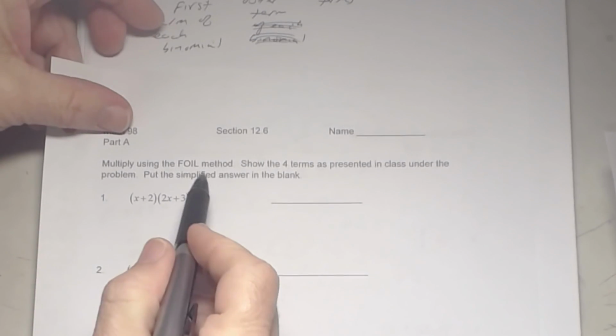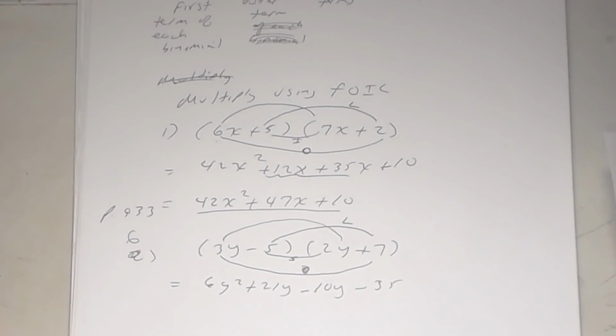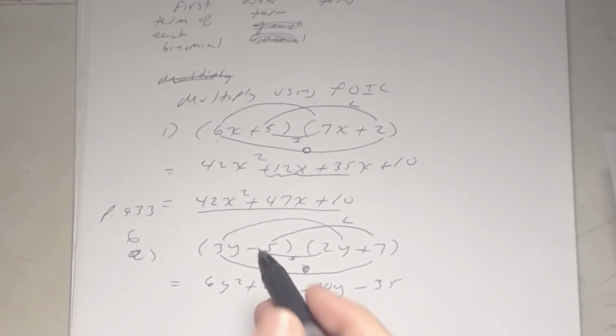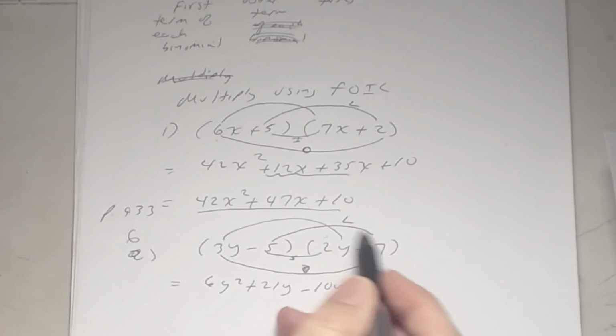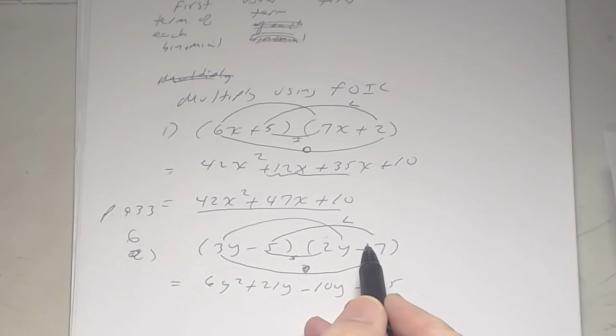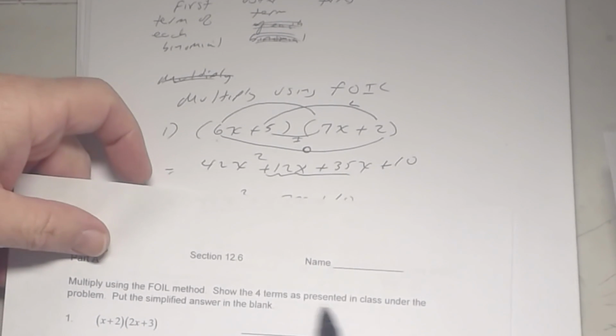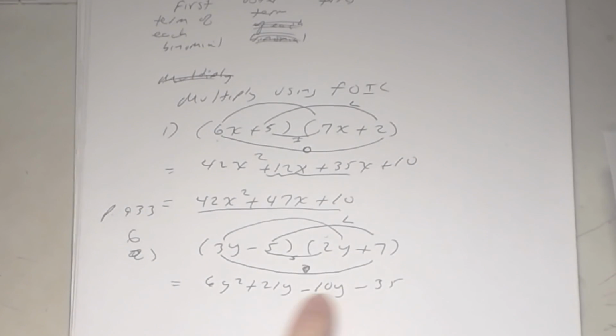Let's go back to that worksheet real quick. It says multiply using FOIL. Here's what I need you to show me. I need to see those little arcs. So first, outer, inner, last. Show that, so that indicates to me you used FOIL. Then it says show the 4 terms. These are the 4 terms you're going to show.